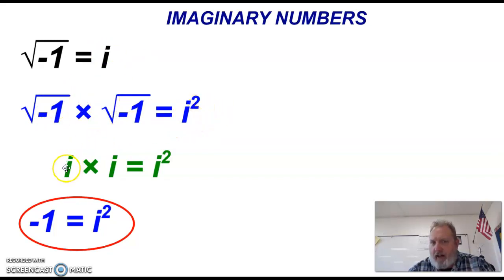Or we could say that i times i is i squared. And for our purposes, i squared will equal negative 1. Why is that? Well, if you take a square root times itself, the square root cancels out. And so i squared equals negative 1. And again, that will help us as we simplify negative square roots moving forward.